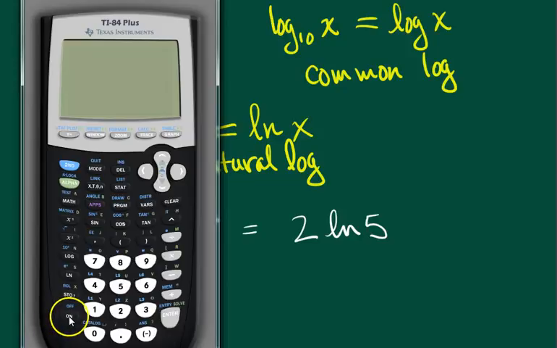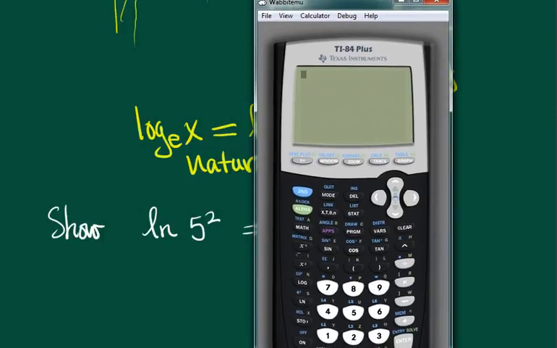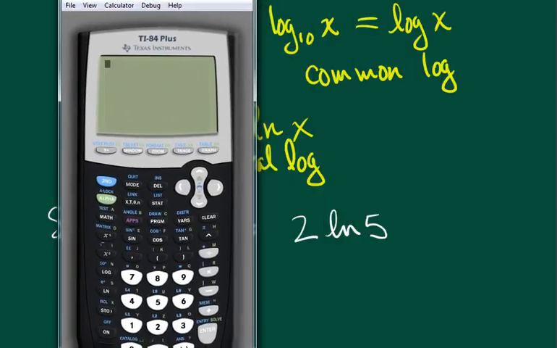Here it is. Okay, so here are my two log buttons. This doesn't say so, this is just log base 10. This doesn't say so, this is log base e. So we were looking at the log of 5 squared. So that would be the log of 25, wouldn't it? The log of 5 squared.